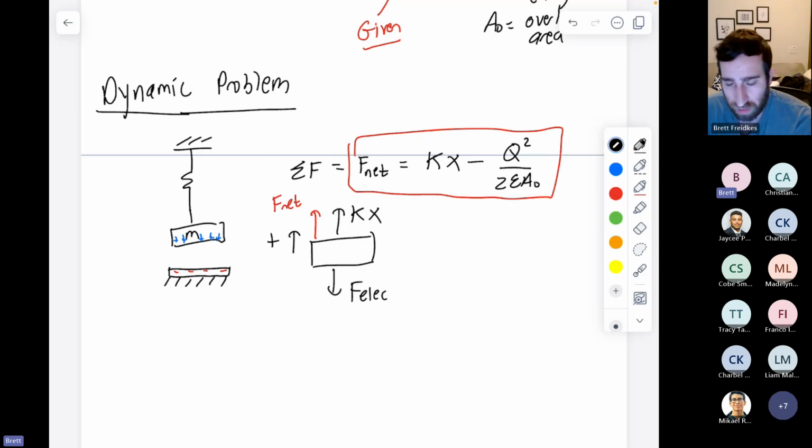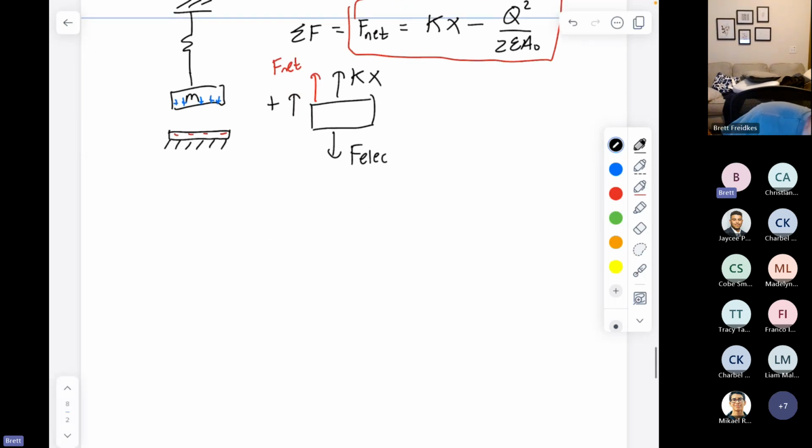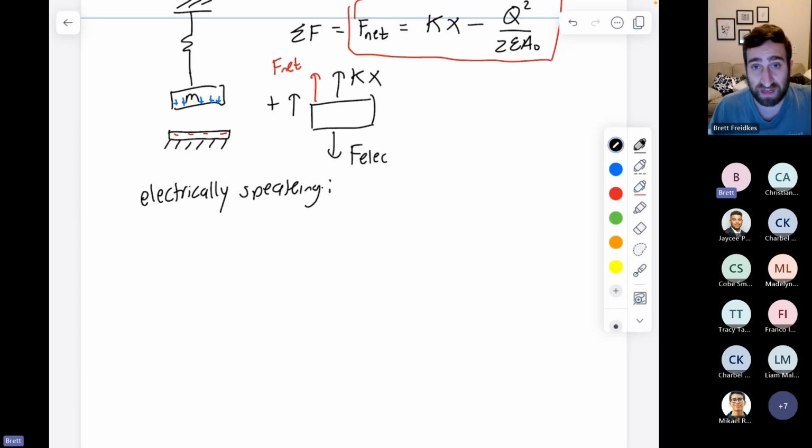What does this look like from an electrical standpoint? The gap is changing, right? Because if the mass is moving closer or further due to some external thing, our capacitance is now a function of some displacement.